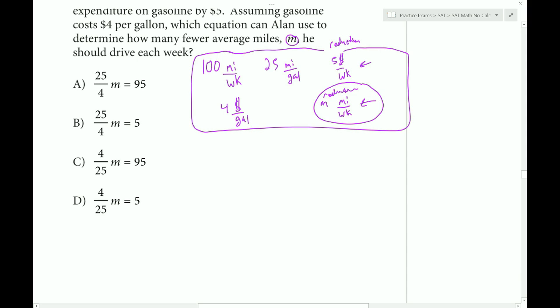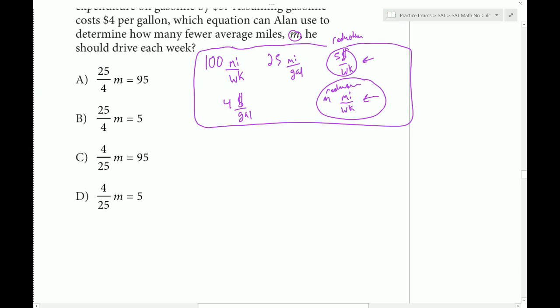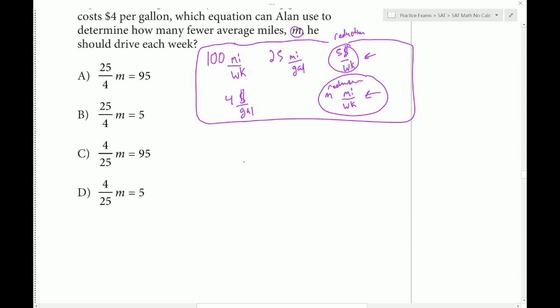Right. So if we use this reduction amount, yeah, let's start with that perhaps. Actually, if we want miles per week in the end, yeah, so we'll use the reduction number. Okay, so these two are basically out, right? Because we want the reduction to be 5, okay? And m is with regards to reduction as well.